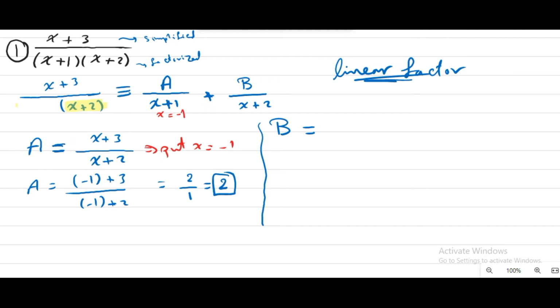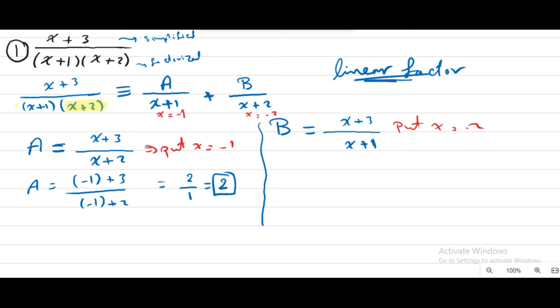It will be x + 1 as it was. So we covered this denominator from this expression, so the remainder will be (x + 3) over (x + 1). Then the factor for letter B equals 0 when x equals negative 2, so we'll put negative 2 in the place of x.